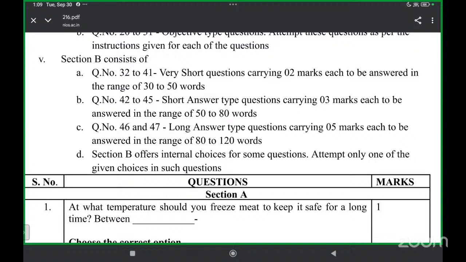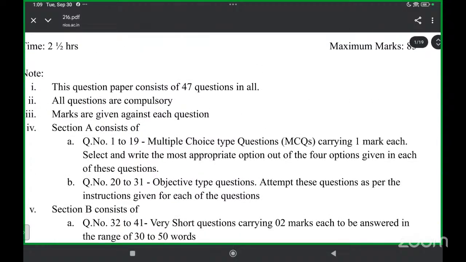Count till 80 and see that much you have to write in short answers. When you do this activity, you will have an idea of how much to write and what portion of the page you'll be able to fill when answering the questions.